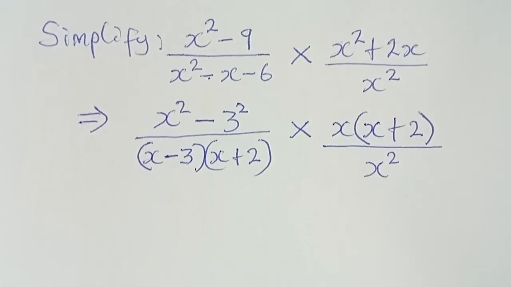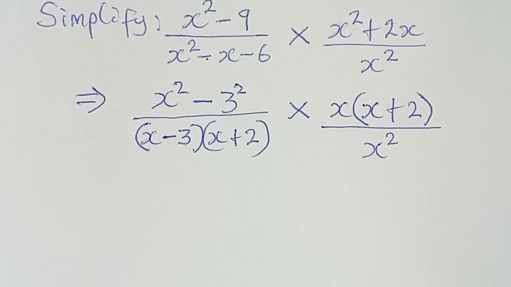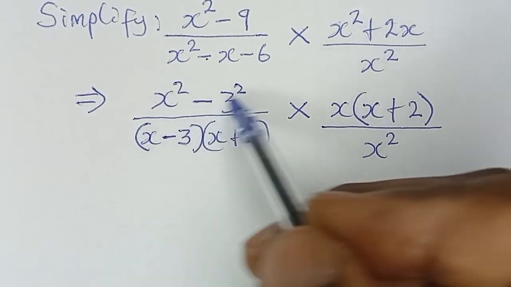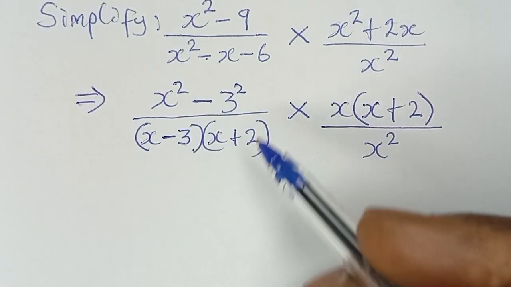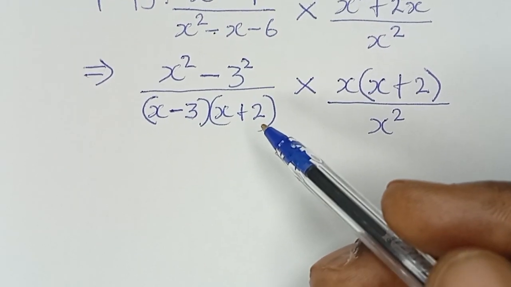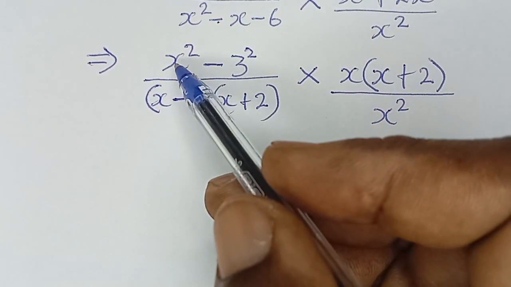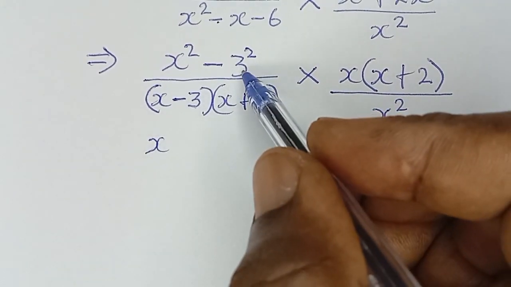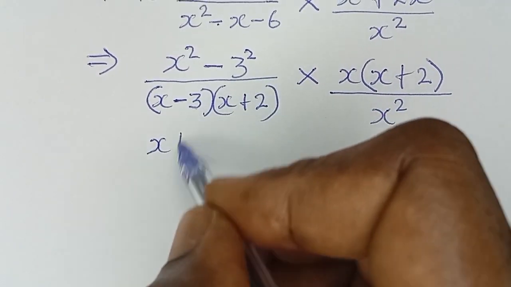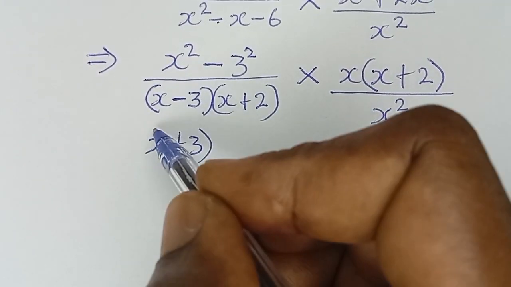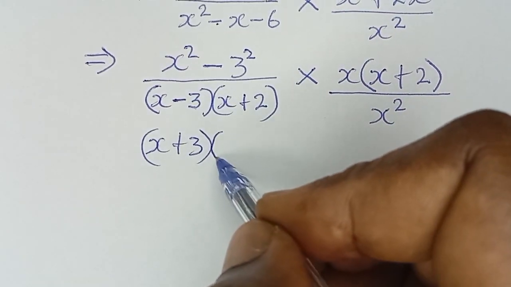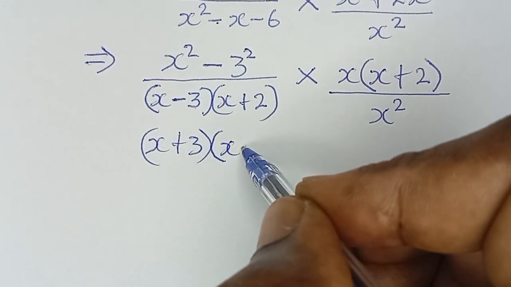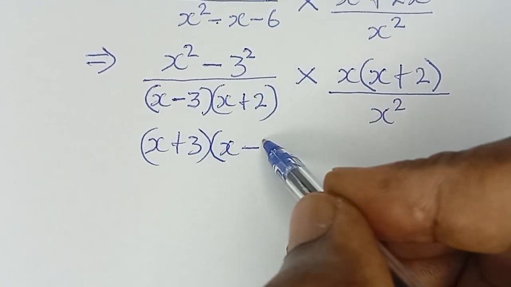Now I can go ahead and factor this difference of two squares. A simple trick for factoring a difference of two squares like that is to take the first term, x, add it to the second term, which is 3, so plus 3, enclose it in a bracket, open up another bracket, take the same x here, and this time minus 3.